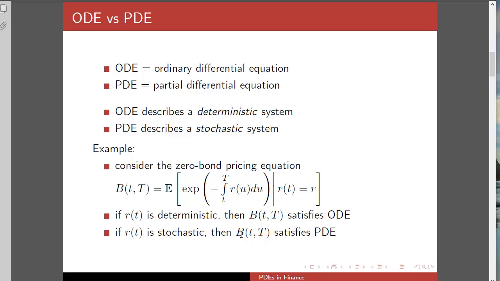Okay, so you would have to somehow capture by the PDE how B behaves with respect to the random variable R. That's the extra element you have in the PDE compared to the ODE, and this captures the randomness in R. Okay, so I hope you get the main difference here. I'm not going to go into more details.